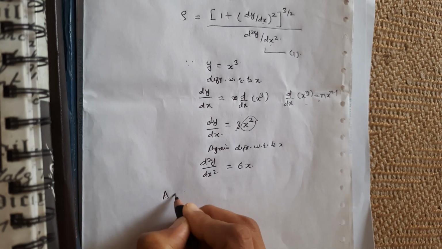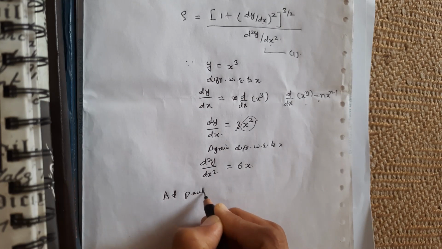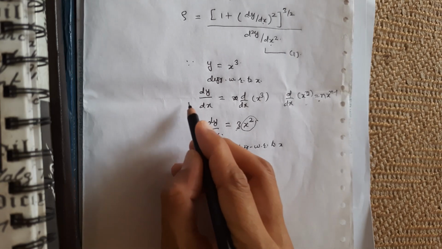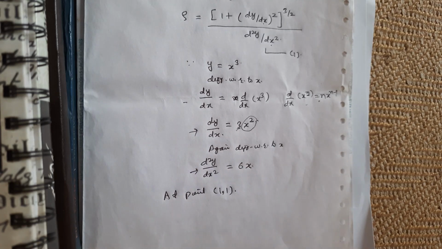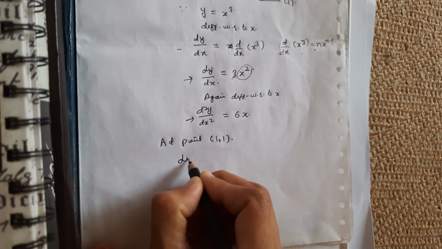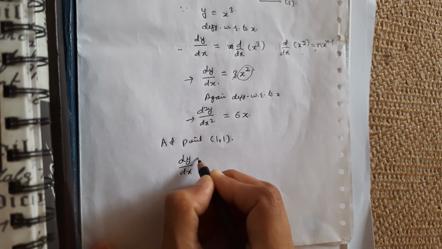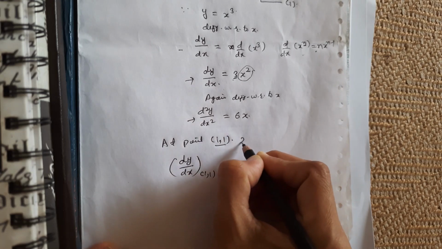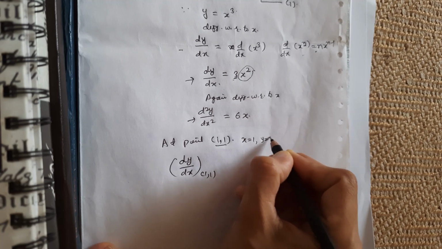Now at point (1, 1), I need to find both of these values. For dy by dx at point (1, 1), I need to put x equals 1, y equals 1.